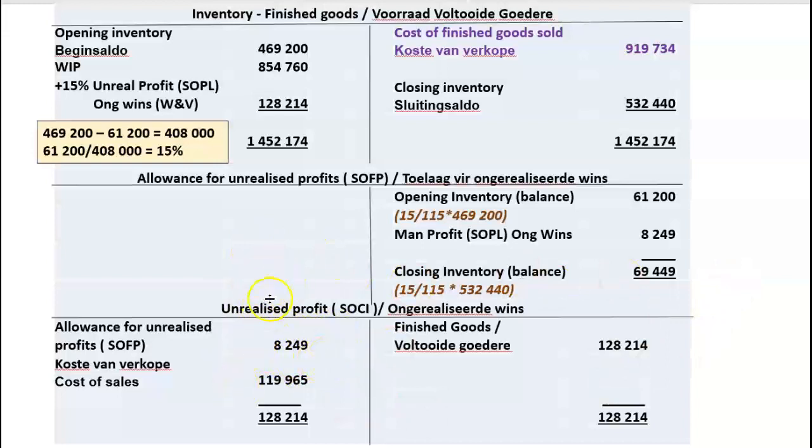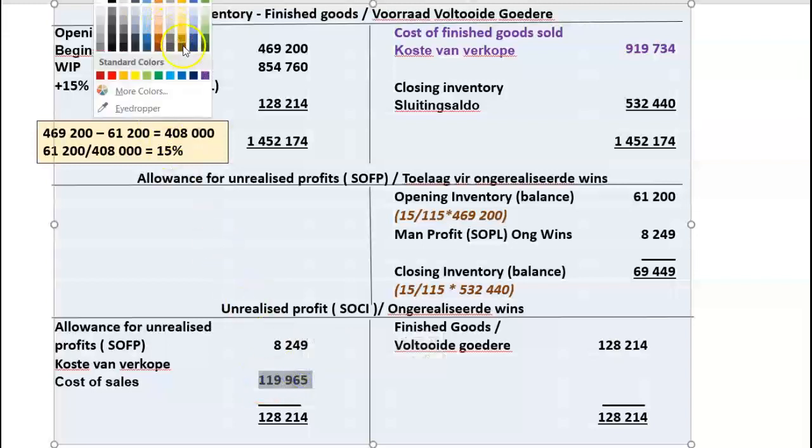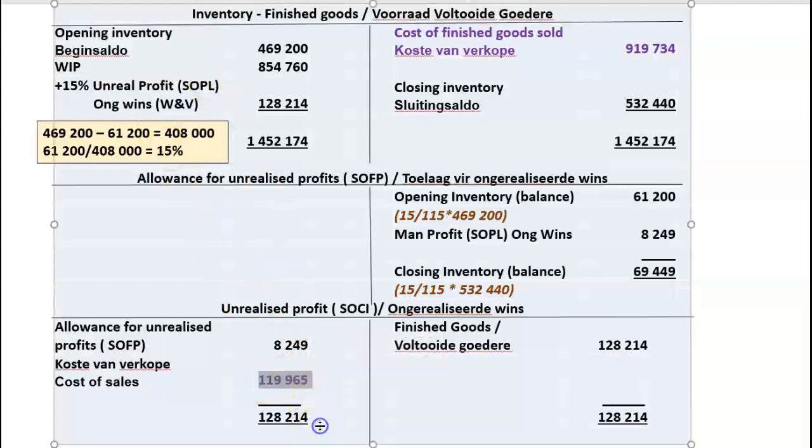Now, the balance of the unrealized P&L account, the 119,965, is actually being transferred to cost of sales, and that will then take care of the unrealized profit included in the 919,734. So at year end, our actual cost of sales in the income statement will be 919,734 less 119,965. And that would be cost of sales actually without any unrealized profit.